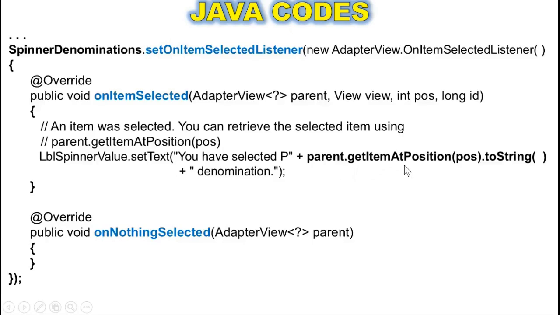This parent.getItemAtPosition with an integer index argument will retrieve the selected item from the spinner and display it in the TextView with the ID name lblSpinnerValue. The command parent.getItemAtPosition(pos).toString() will access the item value selected from the spinner GUI control.